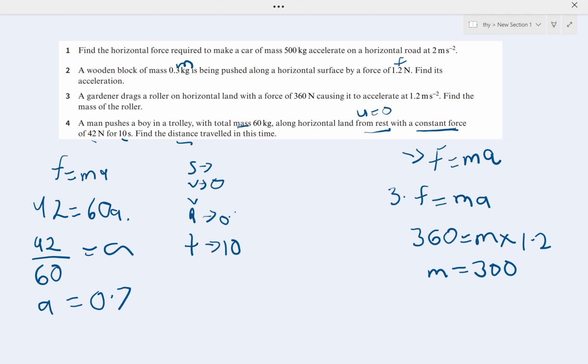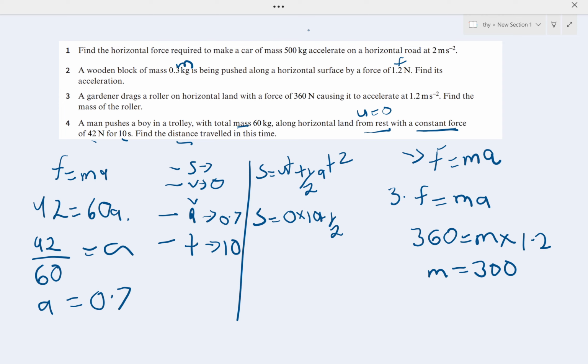So we have the S, we have the U, we have the A, and we have the T. So S equals ut plus half at squared. So S is equal to 0 times 10 plus a half times 0.7 times 10 squared.